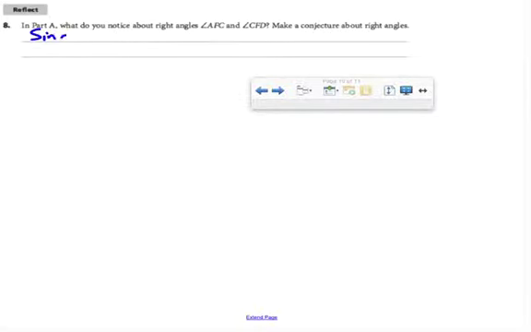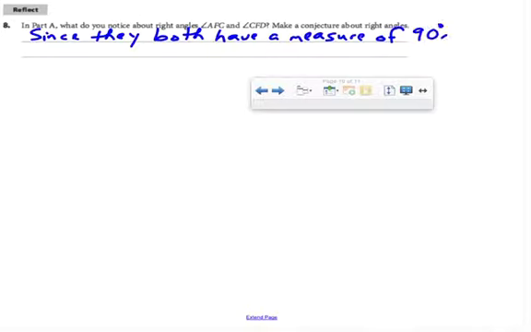So since they both have a measure of 90 degrees, we conjecture that all right angles are congruent.